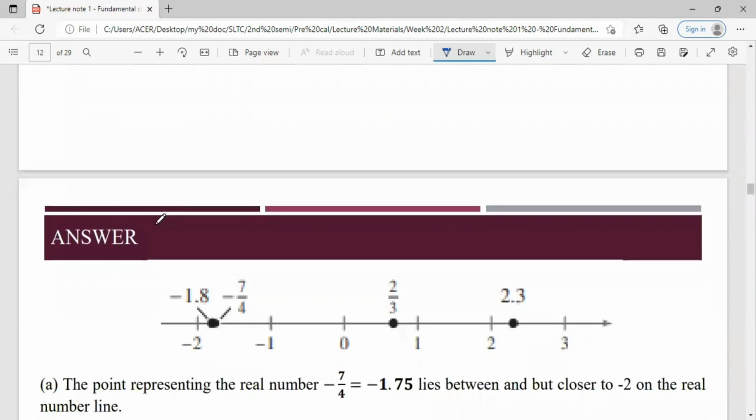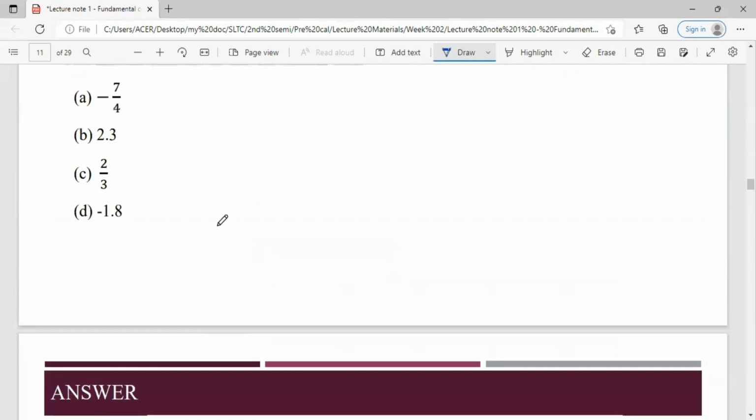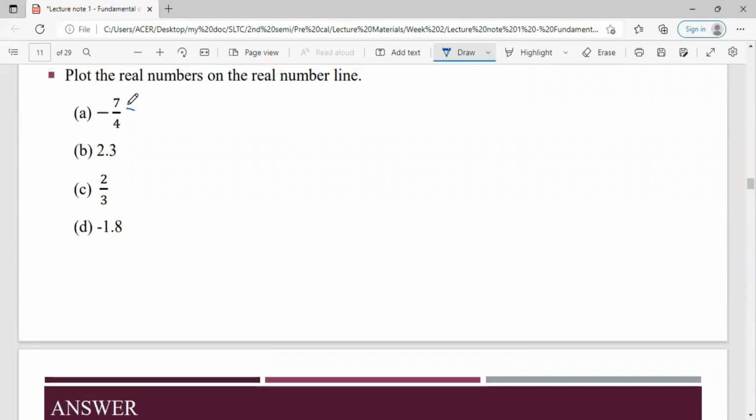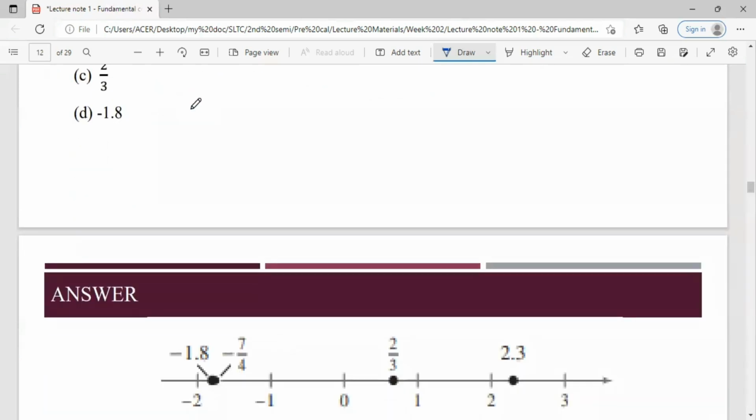So minus 7 divided by 4 means 7 divided by 4. So that one is equal to 1.75, right? Minus 1.75.